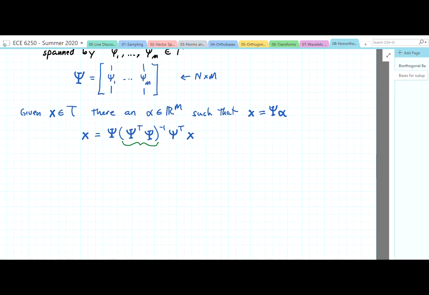And we can now write x equal to the sum from m equals 1 to capital M of the inner product of x with psi tilde of little m, times psi of m.